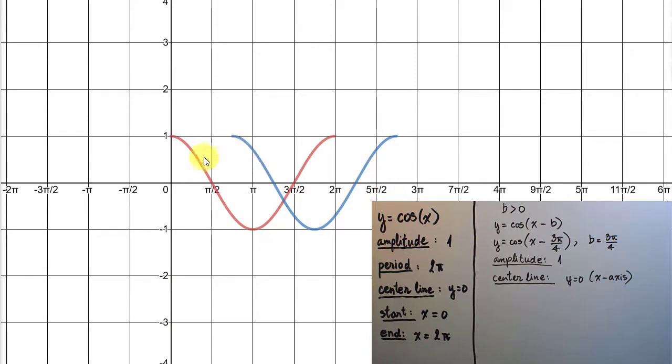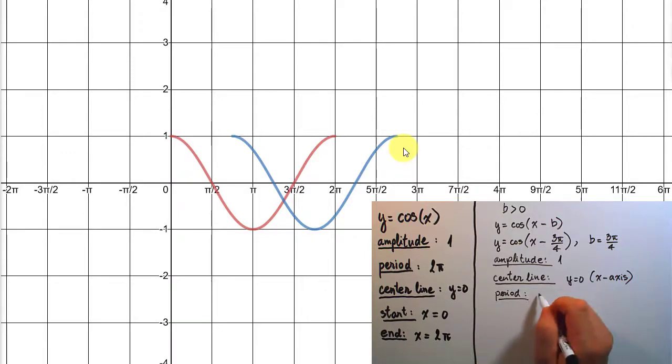But it's apparently clear that we can estimate that this wavelength in blue has period 2 pi. So the period is estimated to be 2 pi. And we will come back to confirm that after we recognize where it starts and where it ends.